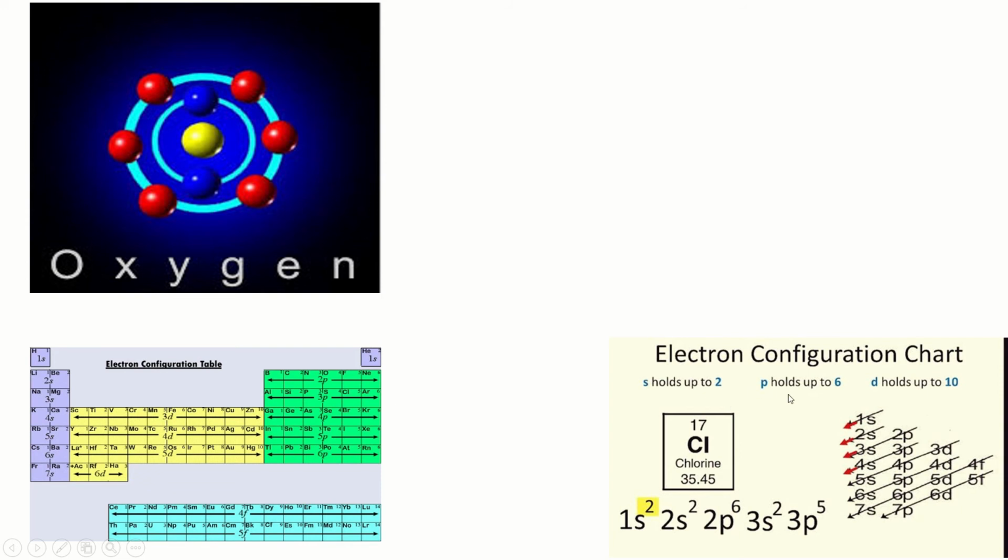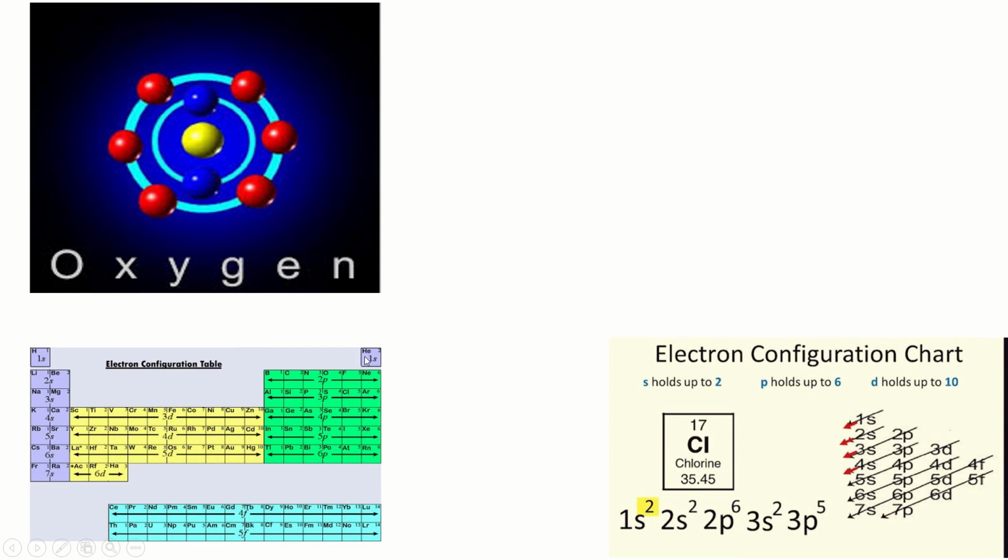This is an electronic configuration chart where the electronic configuration of chlorine is shown, and the electrons are distributed in different orbitals.